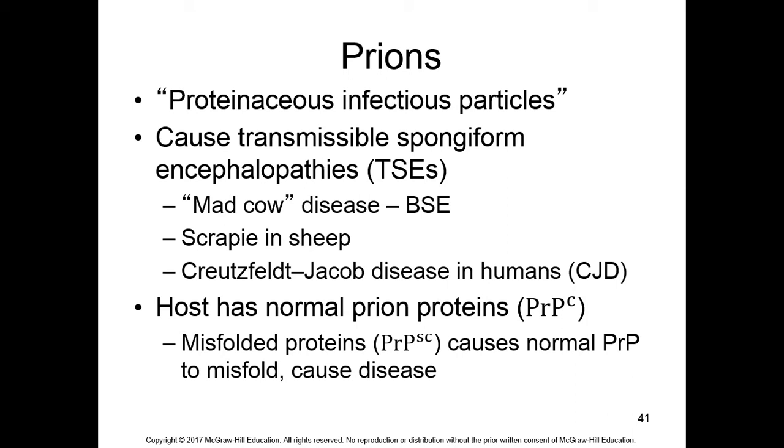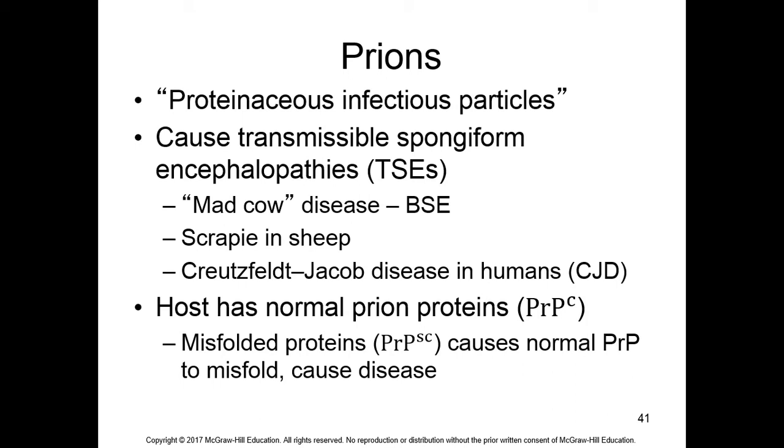In animals, a very famous one is mad cow disease, or bovine spongiform encephalopathy. In sheep, you can see scrapie, and in humans, the most famous one is Creutzfeldt-Jakob disease, or CJD.